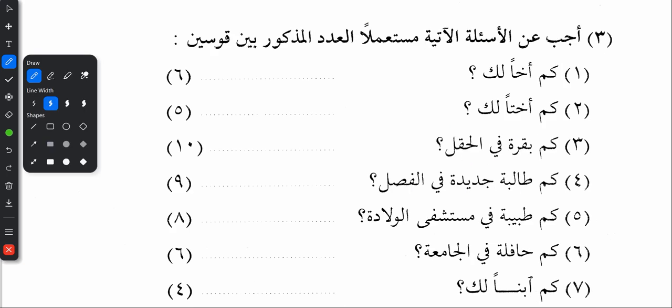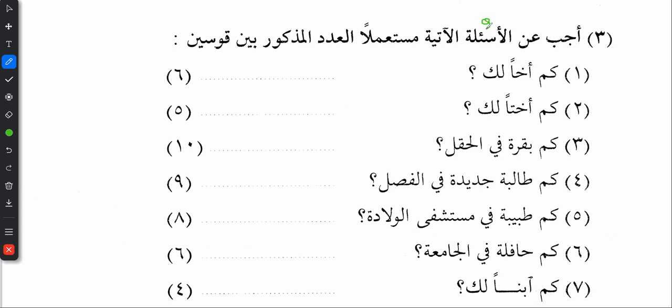Let's do exercise number 3. Ajib anil as'ilatil atiya means answer the as'ila, the questions. This is plural questions. Ajib is the command for answer. Atiyati means coming or the following. Mustamilan means using.